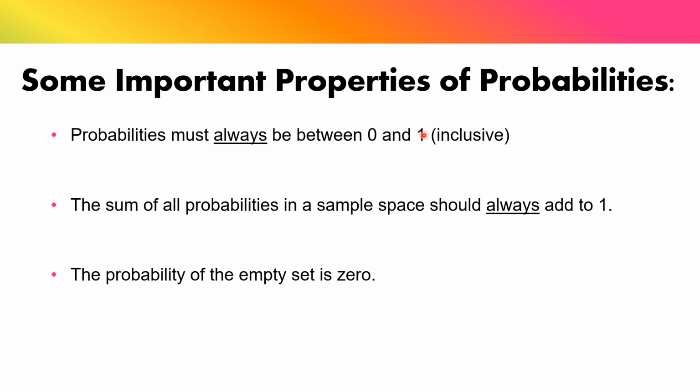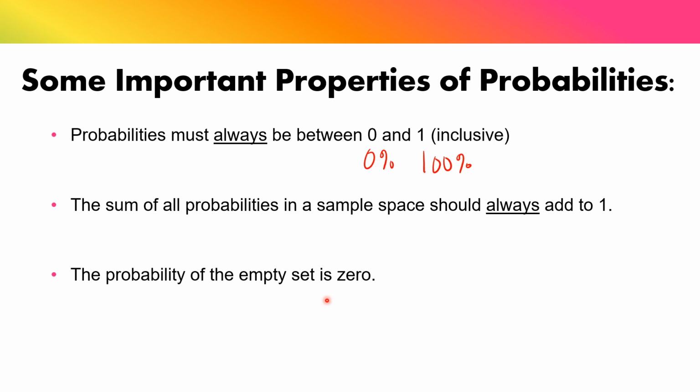But you can't have anything less than 0 or negative, and you can't have anything greater than 1. If you think of these as percentages, probabilities have to be between 0% and 100%.